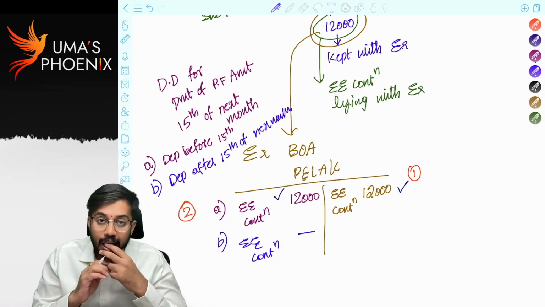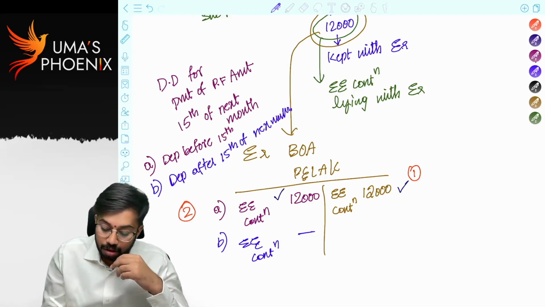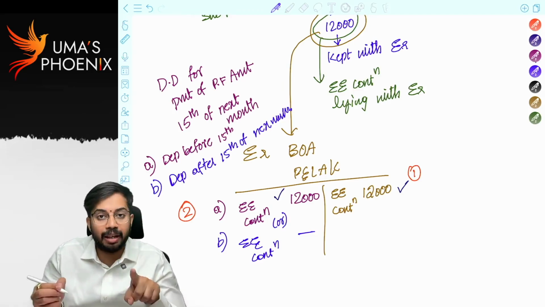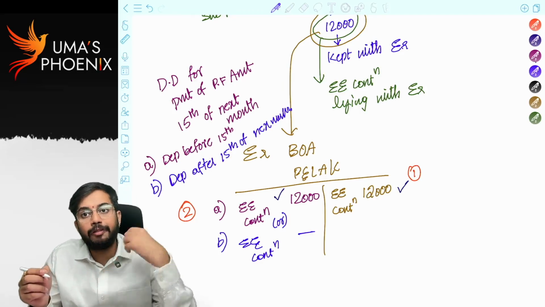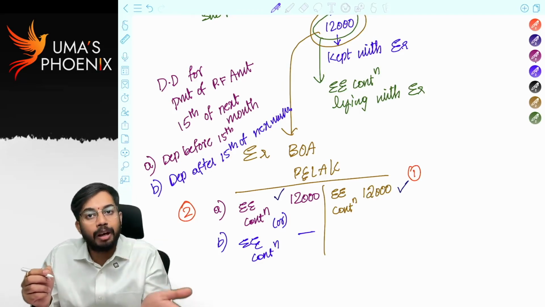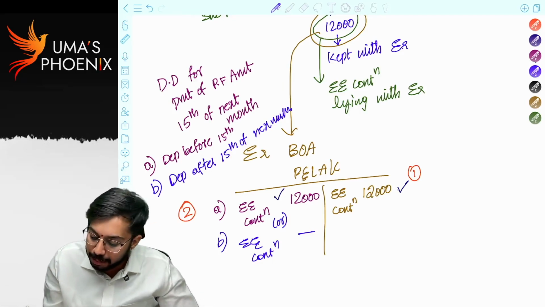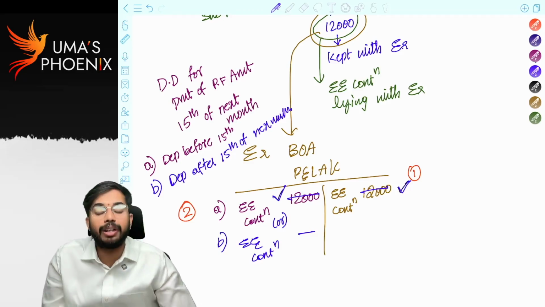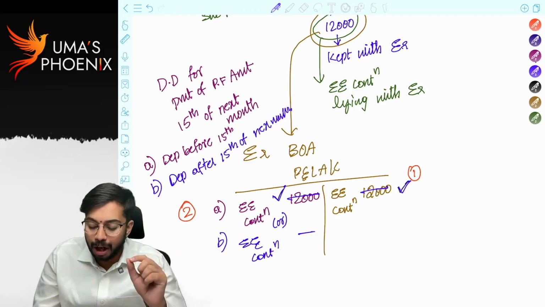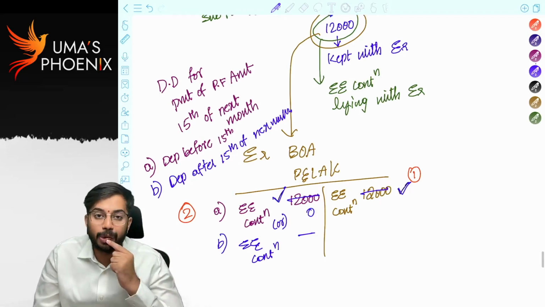That means what? In case 1, employer has the responsibility. Employer fulfilled the responsibility. As employer fulfilled the responsibility, income is 12,000, expenditure is also 12,000. So there is no effect to the employer. So employer liability is 0.